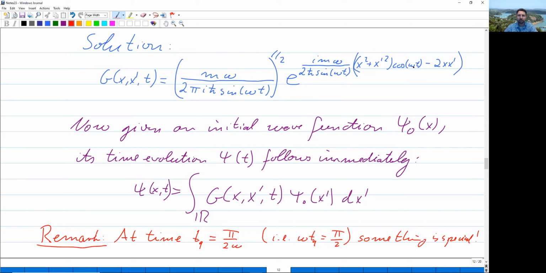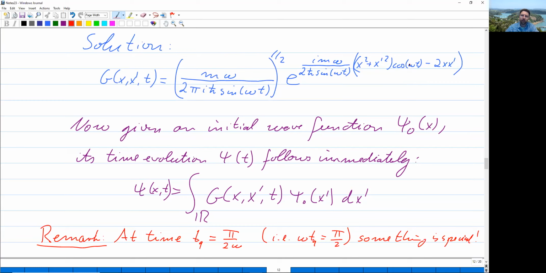When omega t is running from 0 to 2 pi, then the cosine runs all the way from 0 to +1 to 0 to -1 to 0 again, and we have completed a full oscillation. Now, when omega t is not 2 pi, but when omega t reaches pi half, well, then we have a quarter period. Right? Not even half a period, we have just a quarter period then.